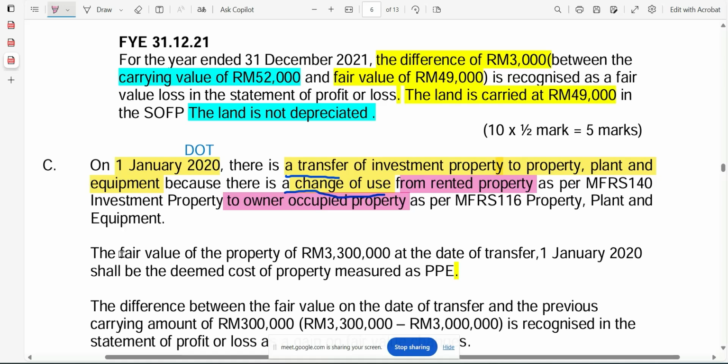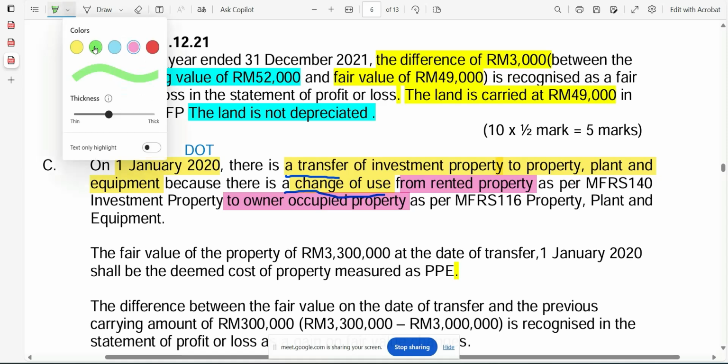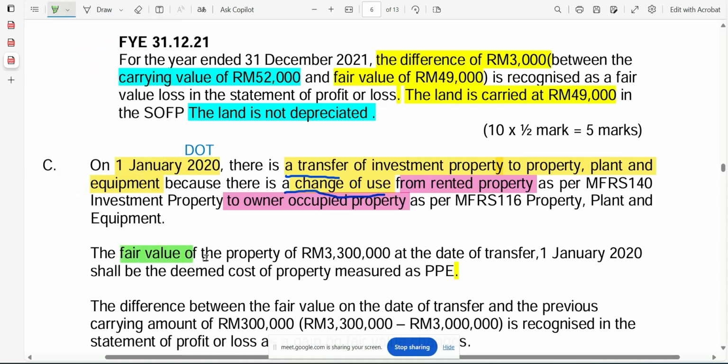Second one is to state what is the fair value on the date of transfer. The fair value of the property is 3.3 million at the date of transfer, which is on 1st of January 2020.